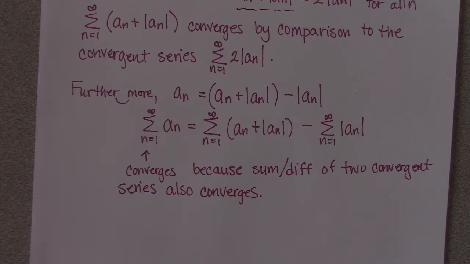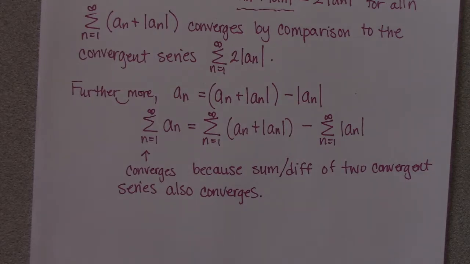And if we subtracted series B from series A, we saw that the answer came out to be A minus B. And that's what we're saying here. If we know these two things converge, then this thing has to converge, because if you add or subtract two convergent series from each other, you get a convergent series. And we actually did this on the quiz with the geometric series. That's why we're like, oh, this converges, we can split them up.